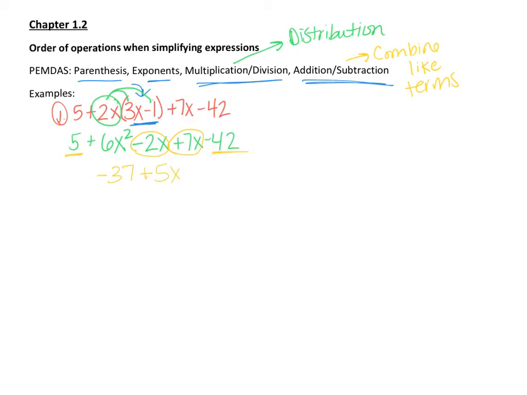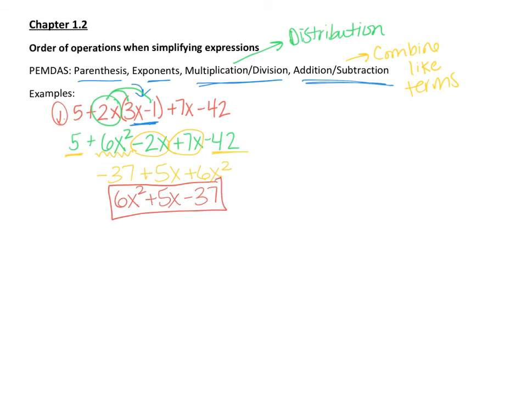And then I see that I have this 6x squared, but there's nothing that's a like term, so I'm just going to leave that there. If I want it written in standard form, which just means from the highest exponent down, it would be 6x squared + 5x - 37. And that would be our simplified form using PEMDAS.